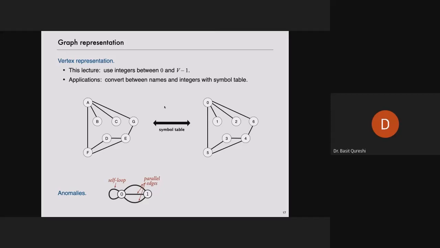These are not allowed. From 0 to 1, if I want to go from 0 to 1 directly, there's no vertex in between on the path. It's not possible to have parallel edges. There should be only one edge. Either there is an edge or there is no edge. There cannot be multiple edges between two vertices.